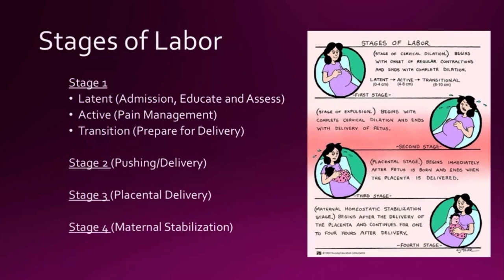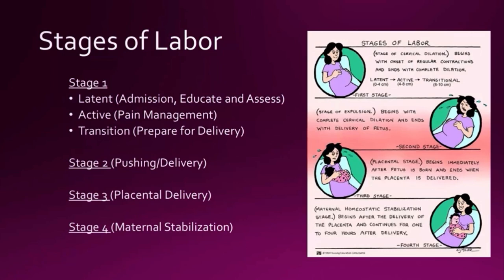So for testing purposes, I'm giving you a little bit different so that there is no overlap, there is no gray area. So 0 to 3 is going to be latent phase of labor. We're going to get them admitted, identify any risk factors, do a good head-to-toe assessment, and educate them on what to expect during the labor process, because they really shouldn't be hurting terribly at this point. It's not going to get better, it's going to tend to get worse. Okay?